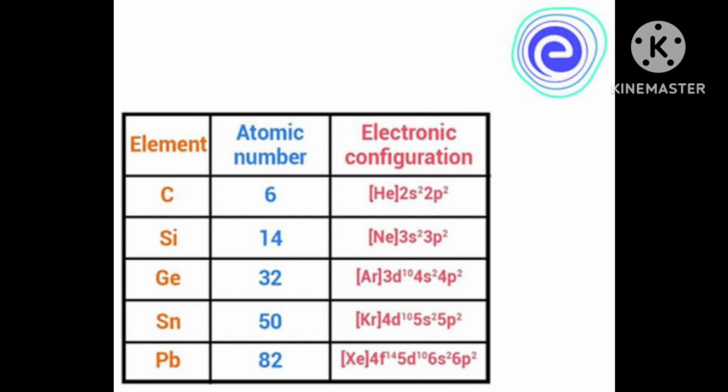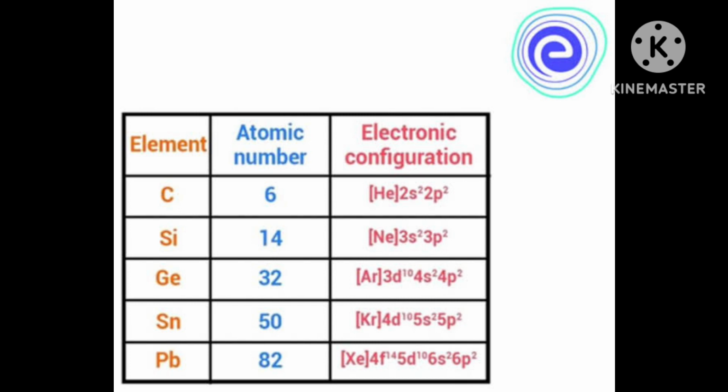But here it is remarkable: carbon has more ionization energy, and all four of silicon's are less than carbon's, because the size is increasing. Silicon is less than carbon.